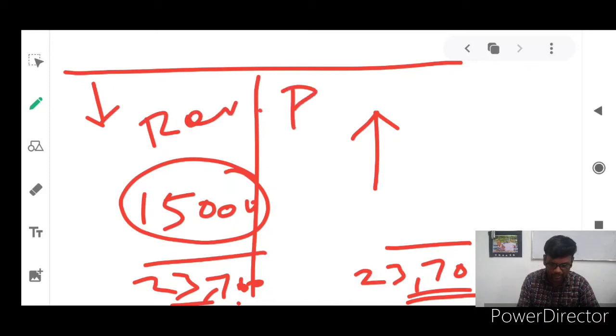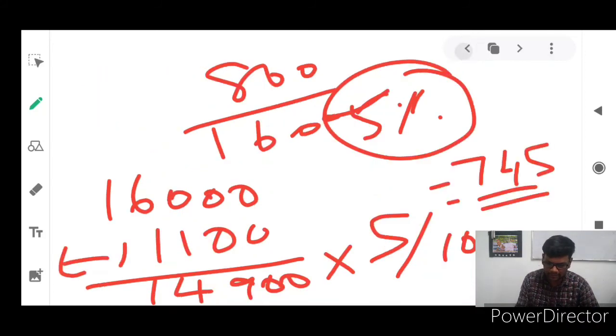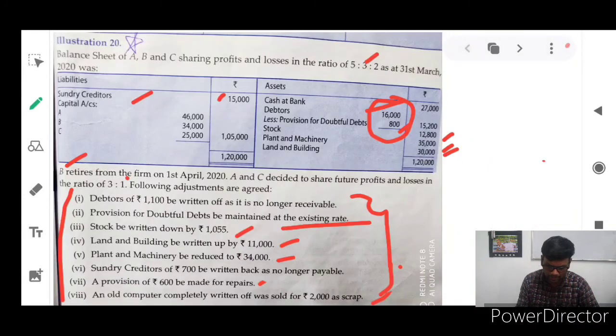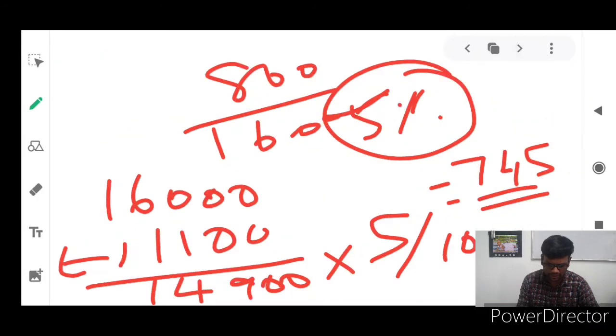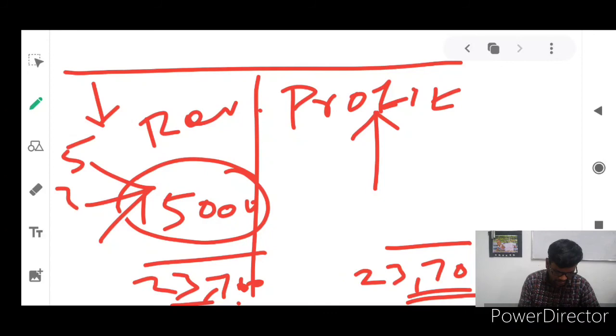Revaluation profit should be transferred to all the existing partners as per their existing profit and loss sharing ratio. The existing profit and loss sharing ratio is given in our problem very clearly, 5:3:2. This 15,000 is going to be distributed to partners A, B and C in the ratio of 5:3:2.